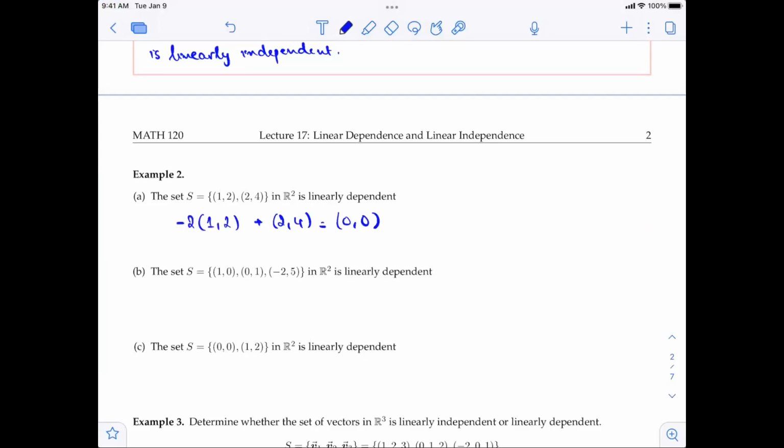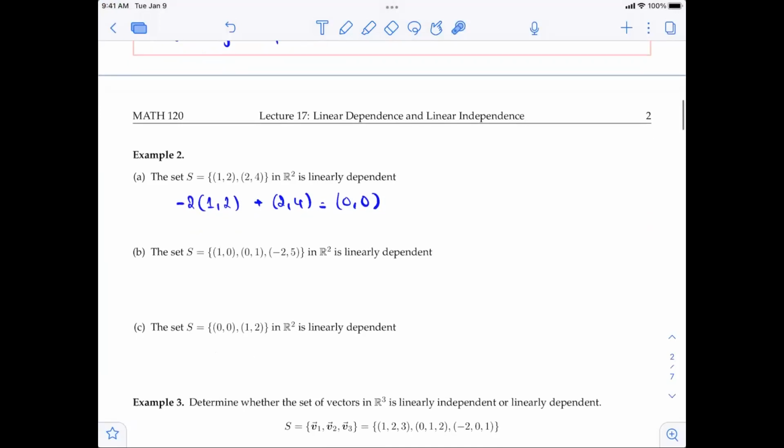Eventually, we're going to learn how to find these coefficients, C1 and C2, so that we can determine whether the vectors in the set are linearly dependent or linearly independent. The next set that we're going to consider is a set of three vectors in R2: (1, 0), (0, 1), and (-2, 5).